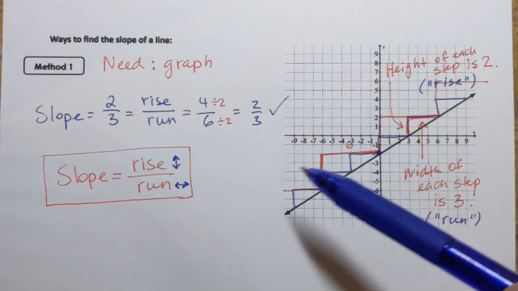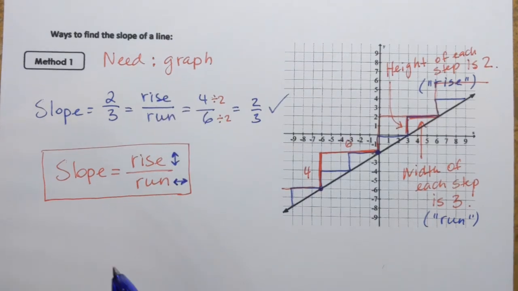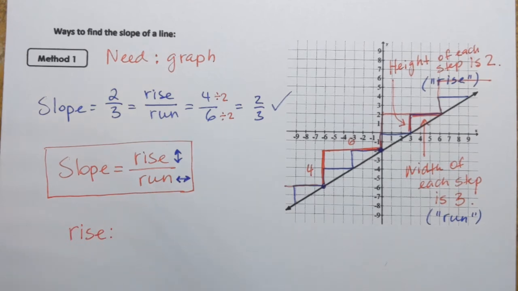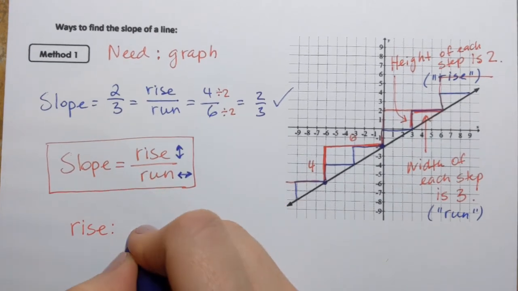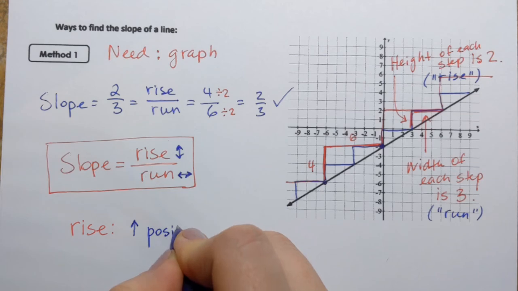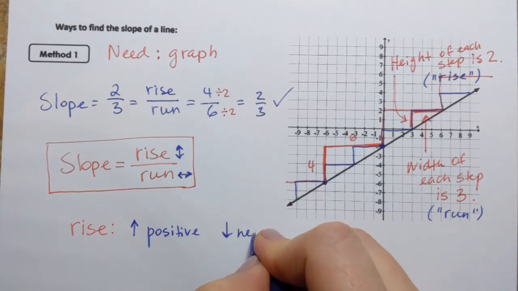Well, the numbers that we're going to use for rise over run will have different signs. So in general, this is how you can think about it. When you work with rise, or the vertical change, you can go up or down. If you find yourself going up, then you're going to use a positive number. And if you go down, then you'll have to use a negative number.